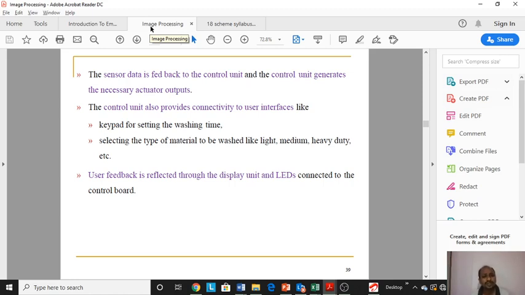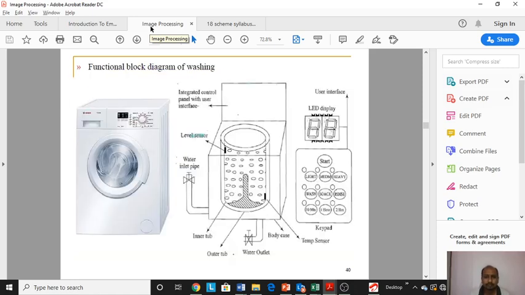I can set these options using the microcontroller board or the display on the washing machine. This user feedback is reflected through the display unit. Whatever I set in the washing machine will be displayed on the display unit, done by LEDs and so on, right?